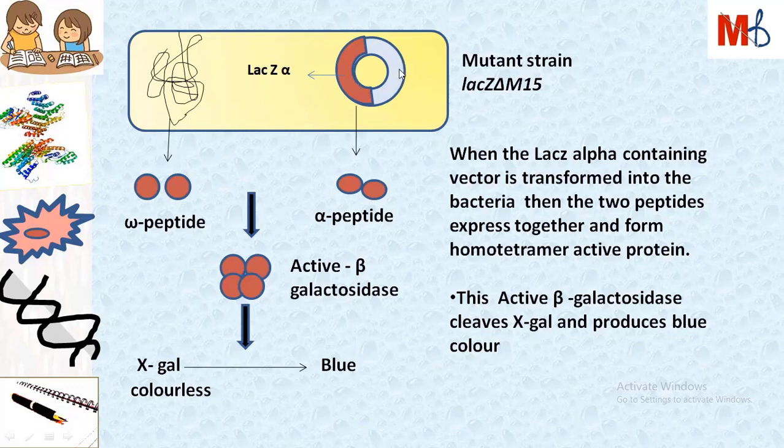Since the gene is present elsewhere, our lacZ alpha is intact, and if this gene is intact, it can normally form the alpha peptide, and the rest you know very well. So if the gene of interest is not present at this portion, then again the result will be normal. That means the active form of enzyme is produced, and it can now convert this X-gal.